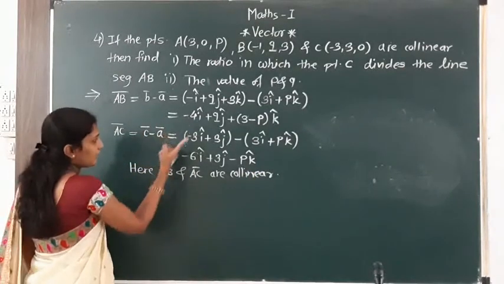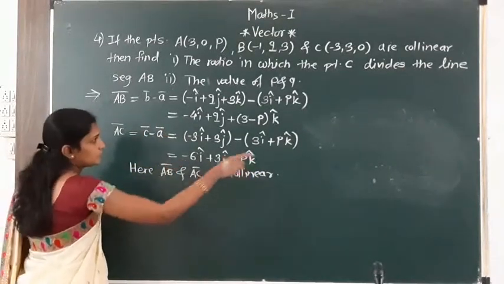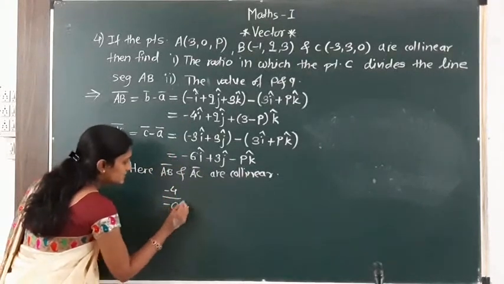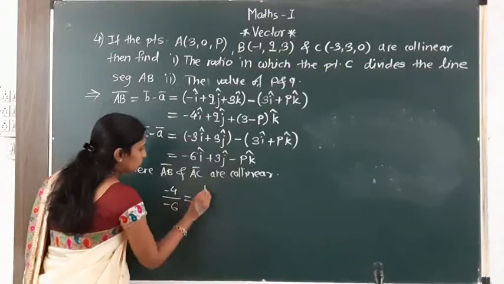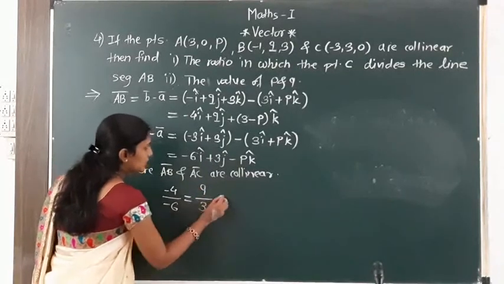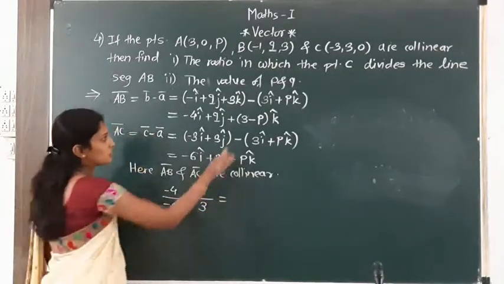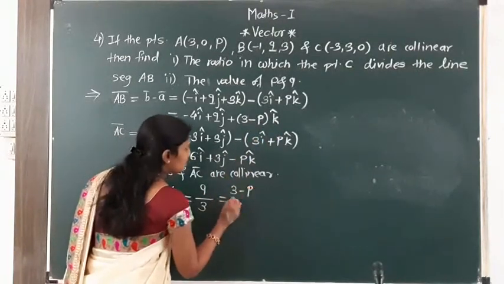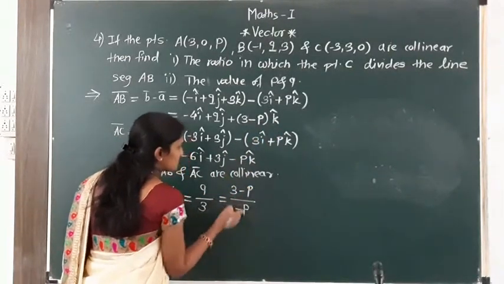Therefore, a1 upon a2, using the note, that is minus 4 upon minus 6 is equal to q upon 3, is equal to the coefficient of k cap, that is 3 minus p upon minus p.